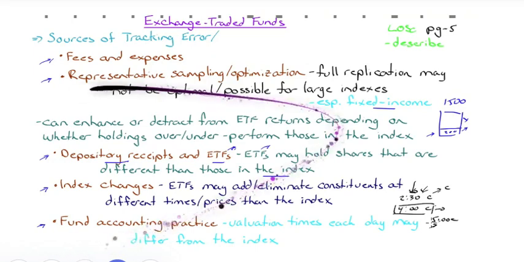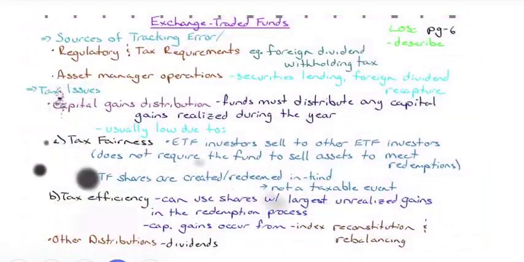Two more sources of tracking error: regulatory and tax requirements. And this is primarily for ETFs that hold shares of stock listed on exchanges in different countries. Typically, there'll be a foreign dividend withholding tax that the ETF would then have to pay. Asset manager operations.